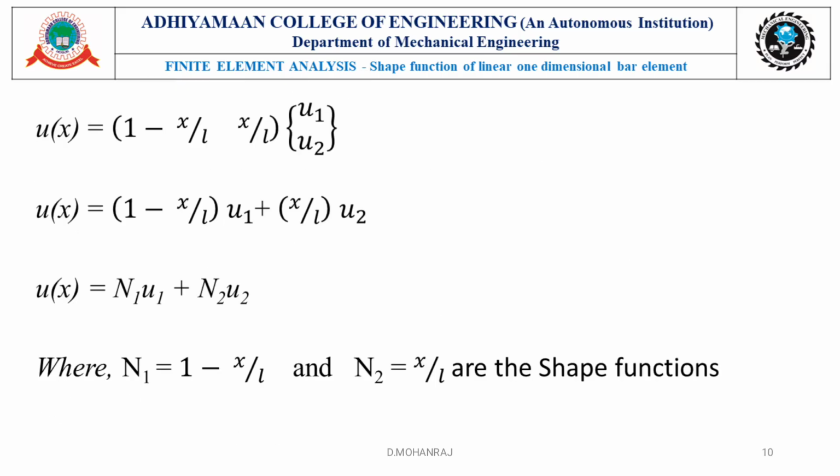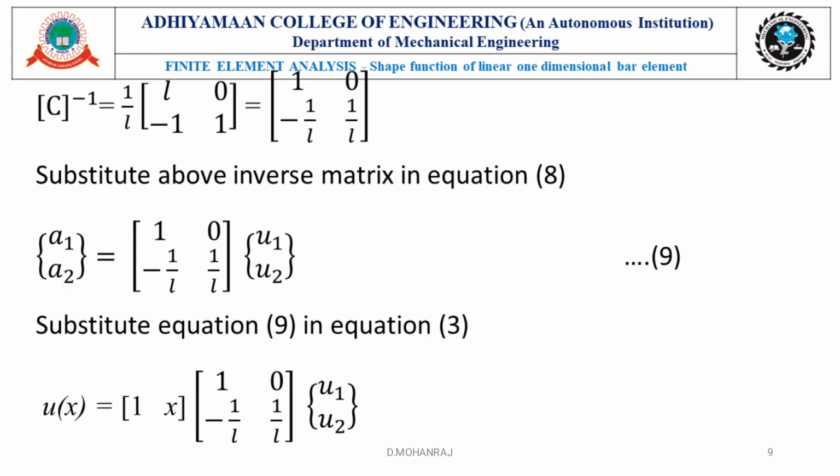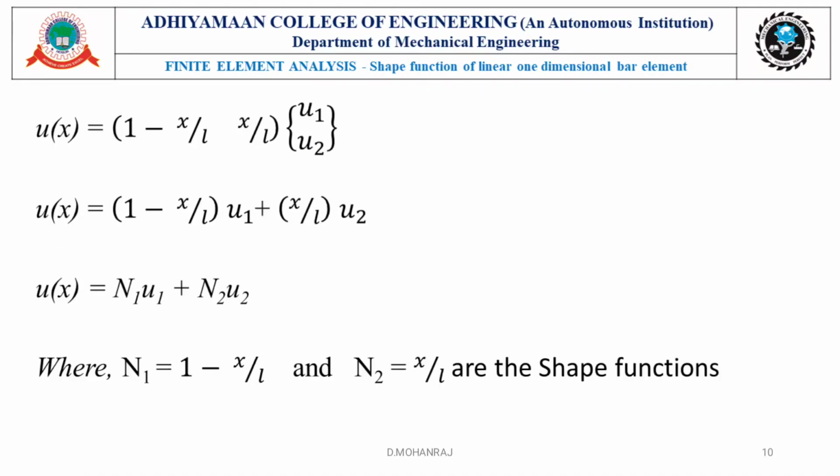So after multiplying these 3 matrices we are going to get 1 cross 2. So first if we multiply the first 2 matrices, that is [1 x] and the 2 by 2 matrix [1 0; minus 1 by L, 1 by L], that is 1 cross 2 multiplied by 2 cross 2. So we are going to get the resultant matrix as 1 cross 2, which is given by [1 minus x by L] in the first column and the first row second column as x by L. This has to be multiplied with the nodal displacement vector [u1 u2].